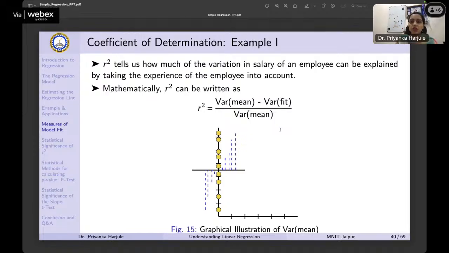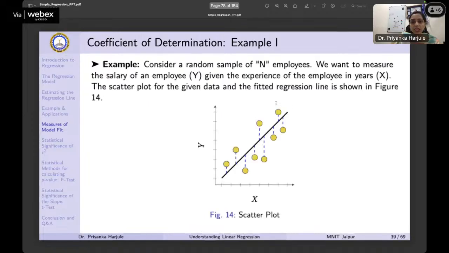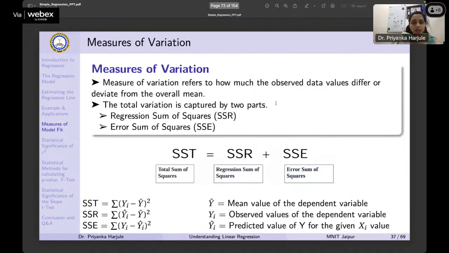So r squared is 1 minus SSE upon SST. That is, you take the LCM, and you'll get variation of the mean minus variation of fit divided by variation of mean. If you cross-check these formulas from here, you will get the same thing.